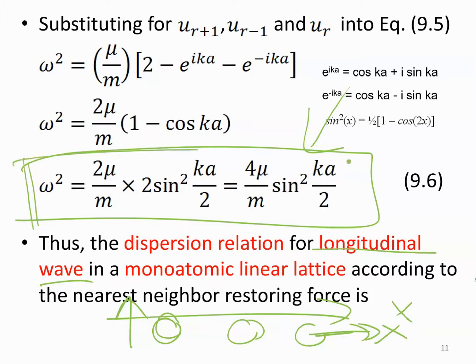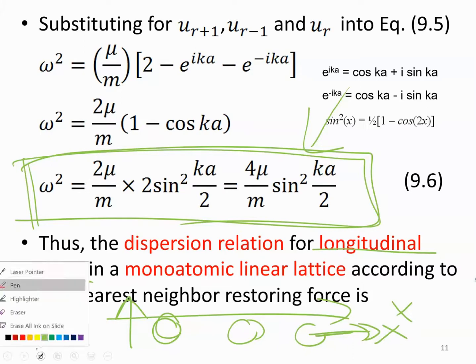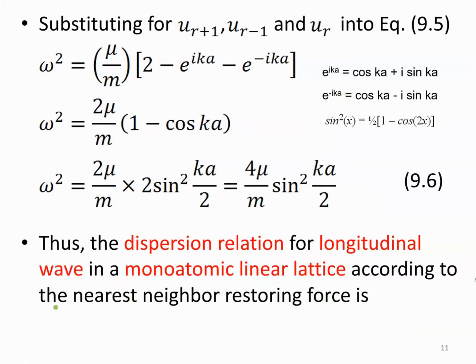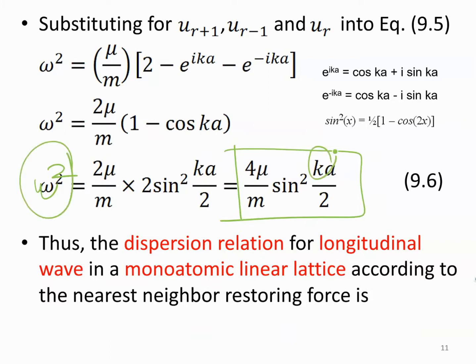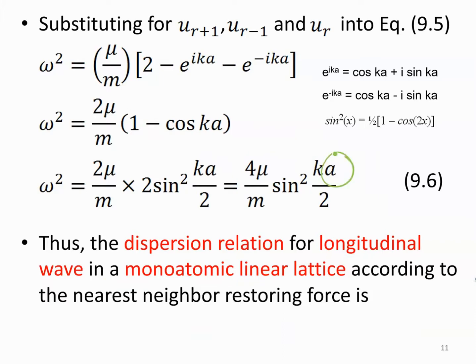Okay, come back to this equation. From this equation, we found that omega square equal to 4 mu over m sine square Ka over 2. So we can say that we have found the relationship between omega and K, and what controls the relationship between omega and K. Here I have a few parameters: A, the lattice constant, and mu, the Hooke constant.